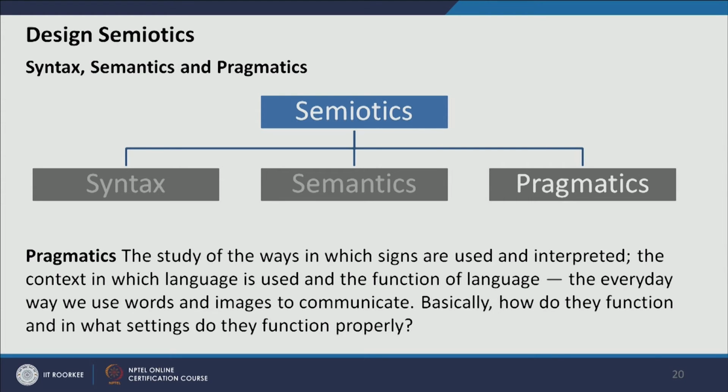For example, the everyday way we look at the word and the image and their communication is part of the pragmatics, and that affects the meaning, even the semantics part of a sign. So basically how our icon functions and how we interpret it, that's the pragmatic part.